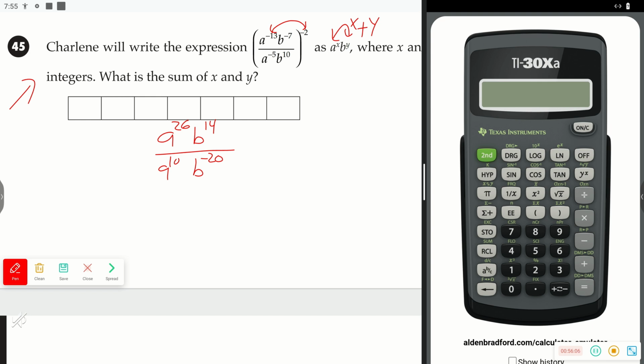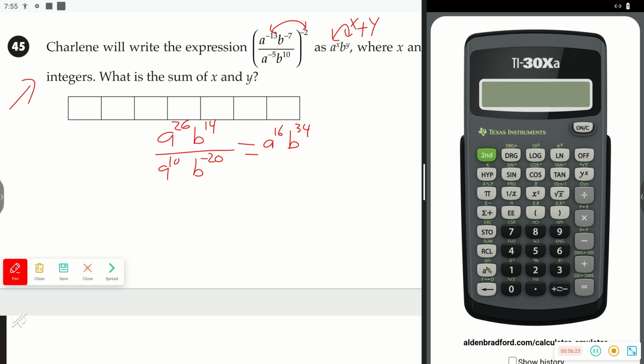Yep, that looks good. And then we're going to use exponent laws. We have to do 26 minus 10. So we have a to the 16, b, 14 minus a negative 20. That's going to be b to the 34.